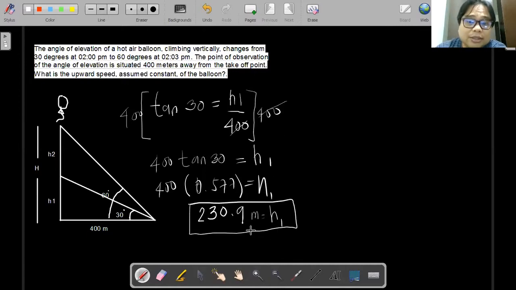So the next thing is we will now try to solve for the bigger triangle, the entire one. Because this is a right triangle, it is much easier for us to use the trigonometric function.